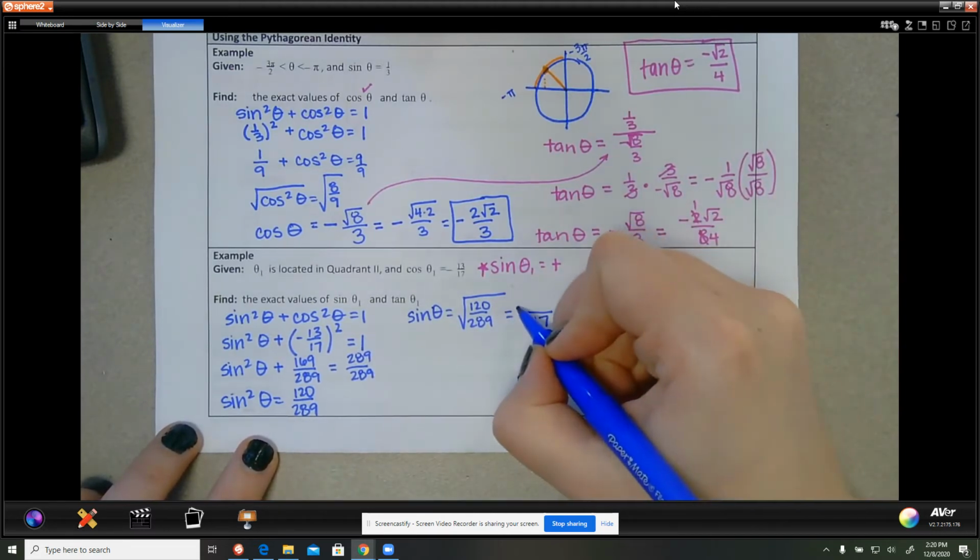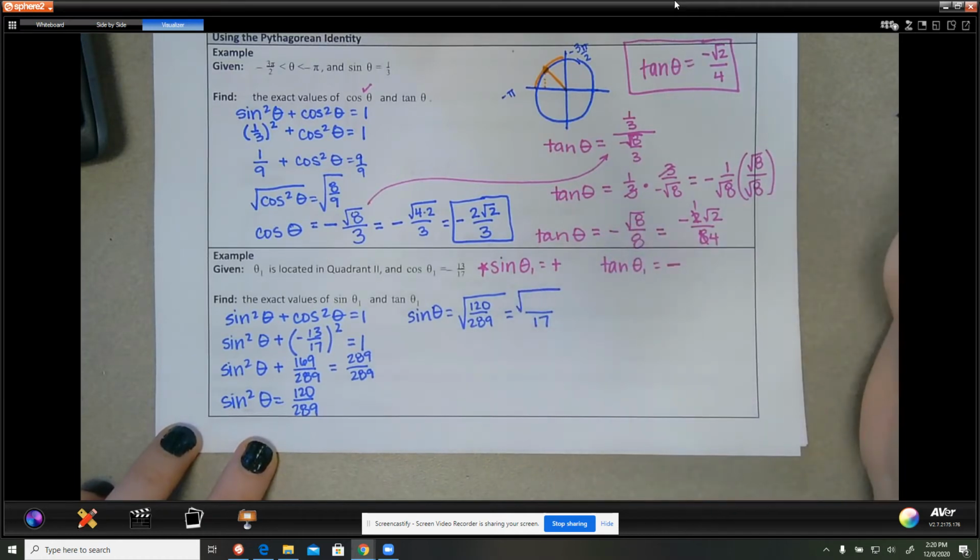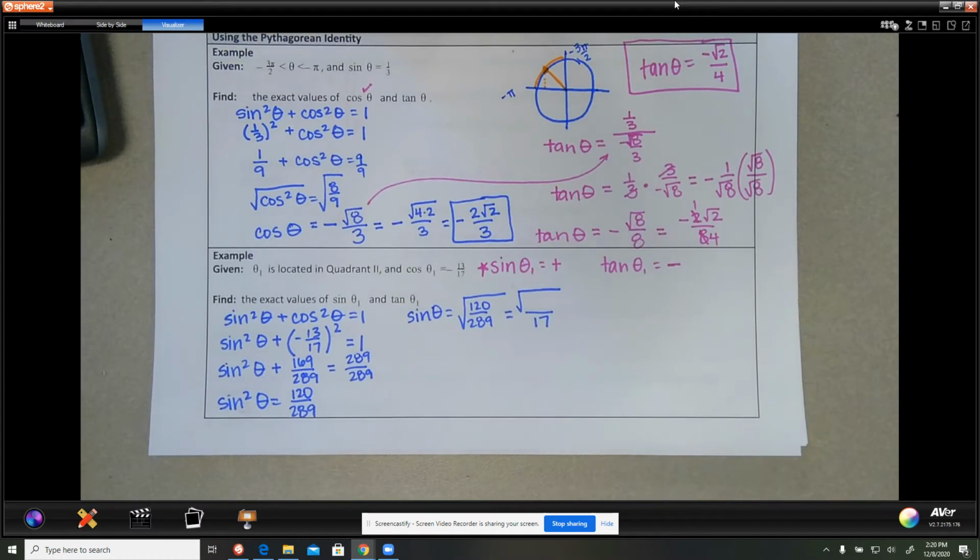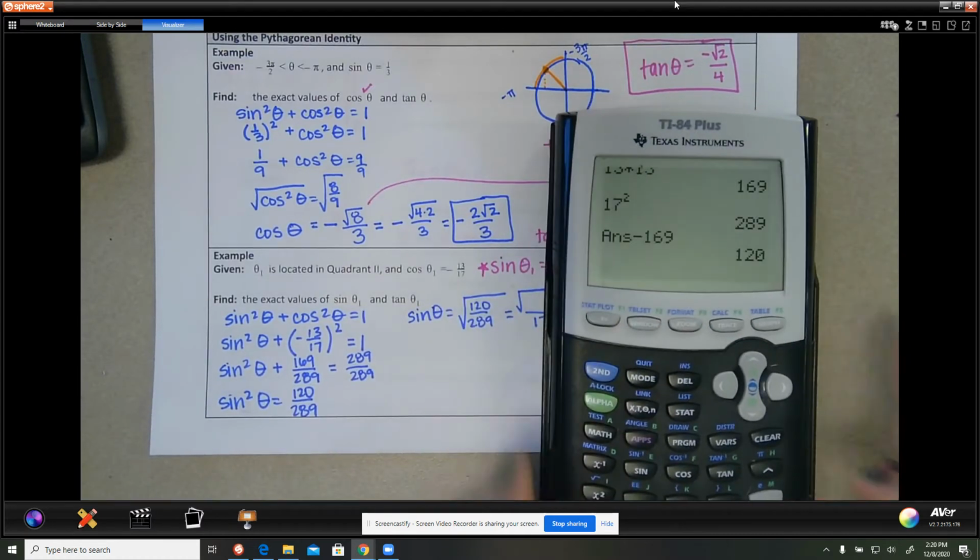And then let's think, what's a perfect square that goes into 120? And I know 4 does. This is kind of how I'm going to check. Okay. 120 divided by 4 is 30. Can I think of any other perfect squares that go into that? 4 does not. 9 does not. 16 does not. 25, no. So I think that's it.